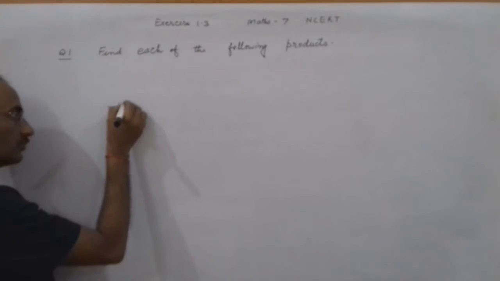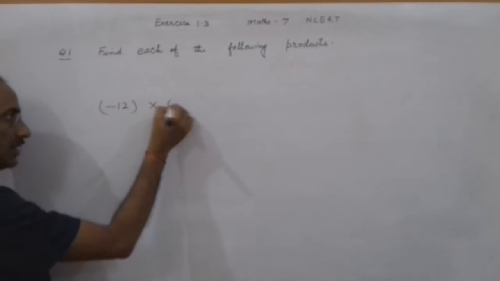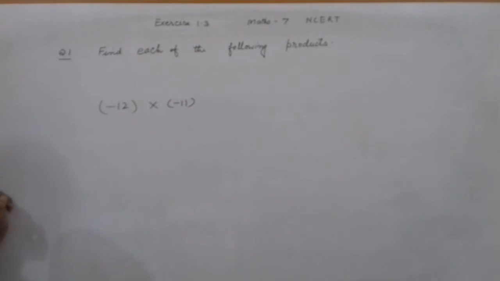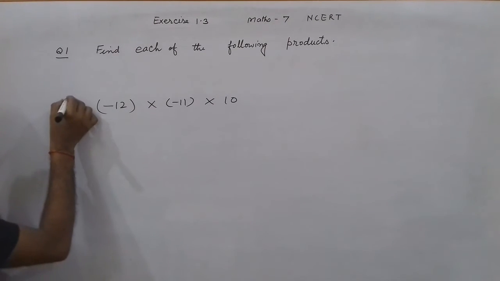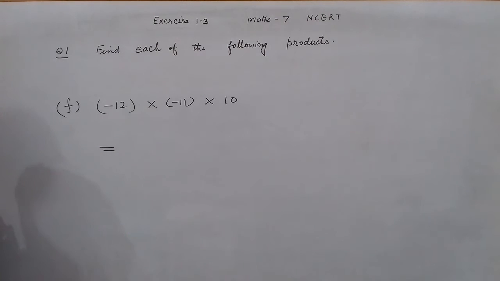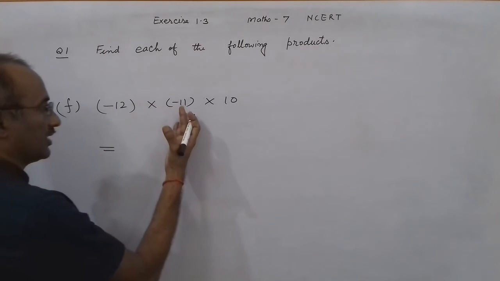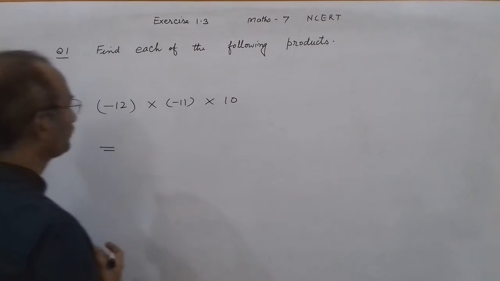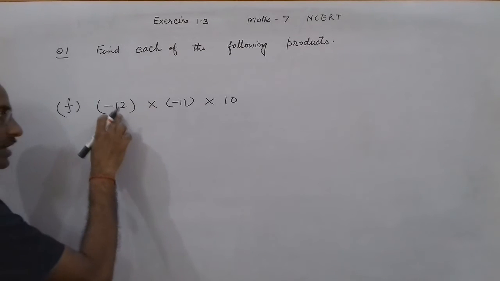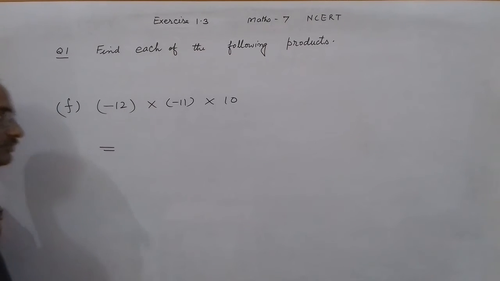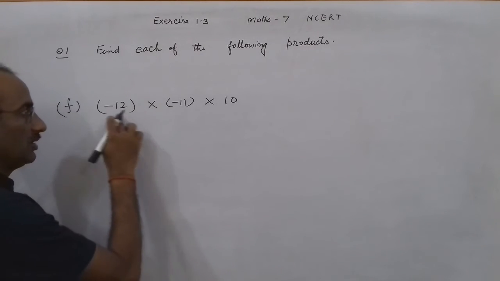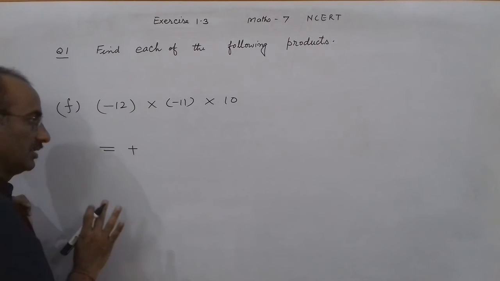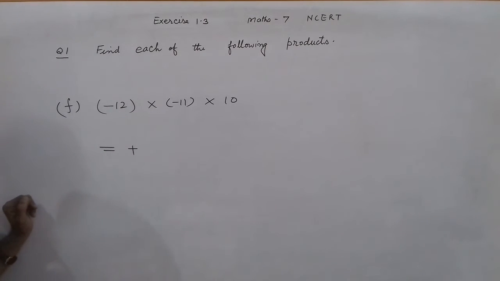Minus 12 multiplied with minus 11 multiplied with 10. Here we have three integers as minus 12, minus 11 and 10. If we multiply minus 12 with minus 11, then we get a positive integer because the product of two negative integers is always positive.